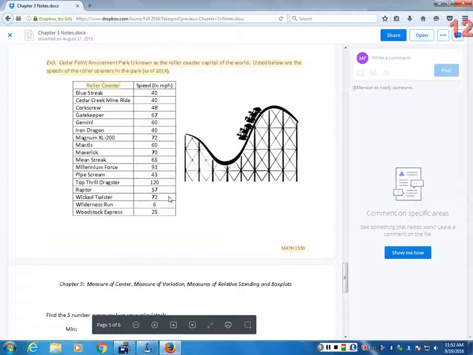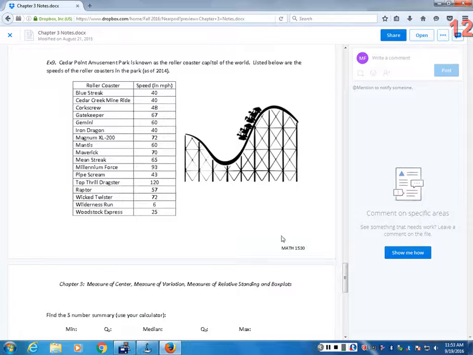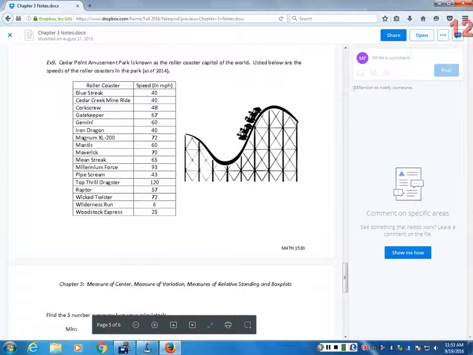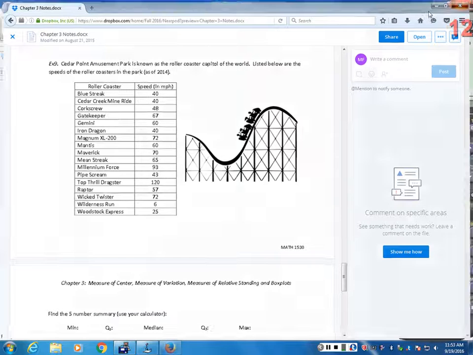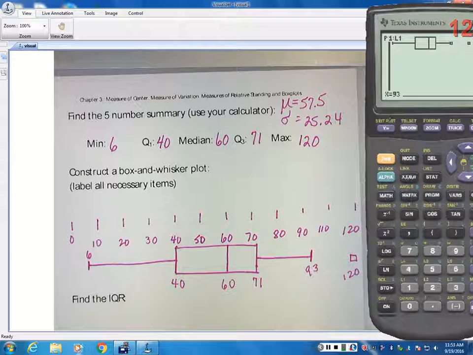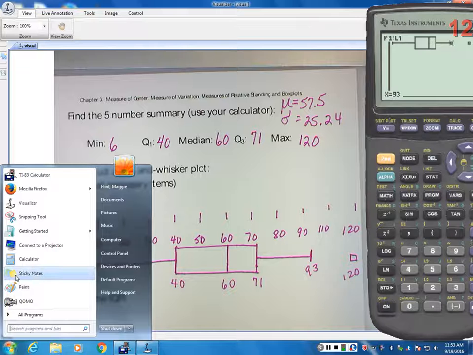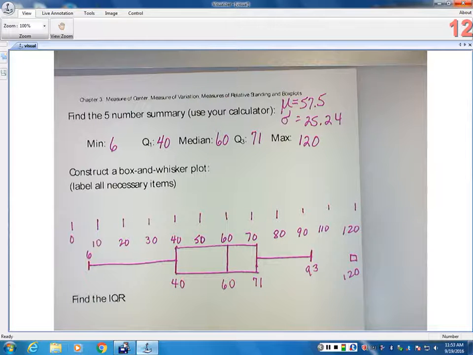This may not work. Well, I'll just have to go into Excel and do it by hand. I can do this with the calculator, but I think it might. Well, let's just do it with the calculator since it's already in the calculator.